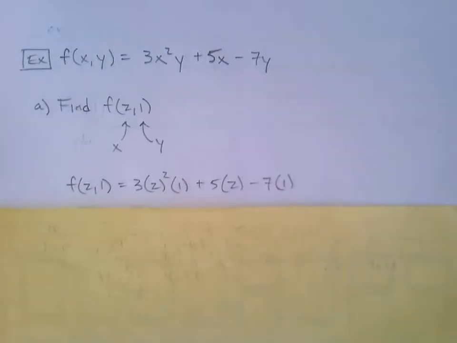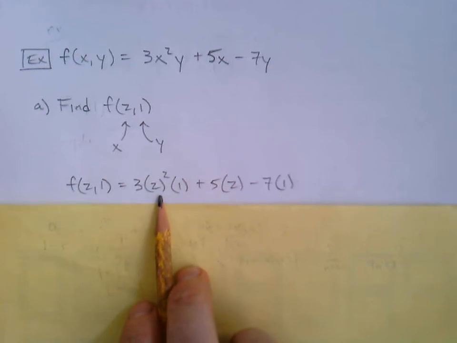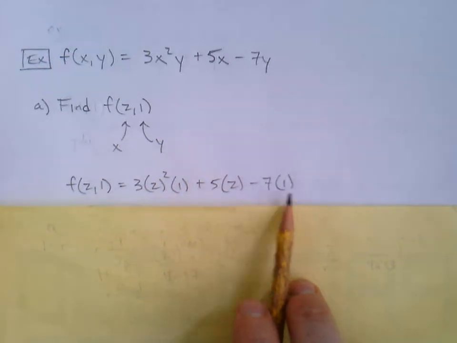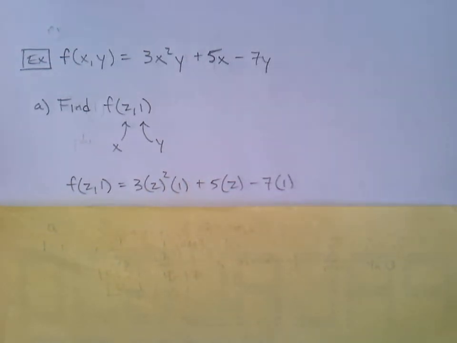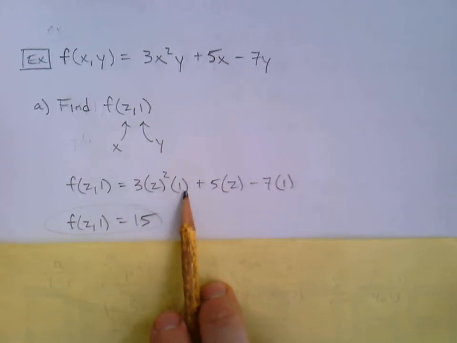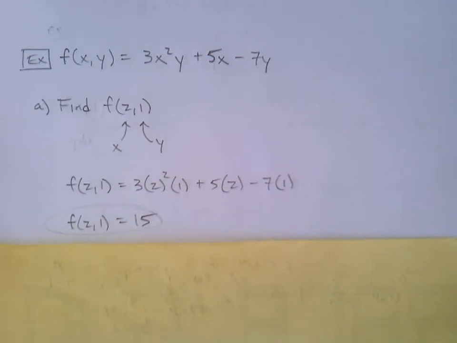So what does that look like here? f of 2 comma 1 is 3 times 2 squared times 1 plus 5 times 2 minus 7 times 1. Again, the x is 2, the y is 1. Plug it all in, and in this case, you get 15. 3 times 4 times 1 is 12, plus 10 is 22, minus the 7 gives you the 15.